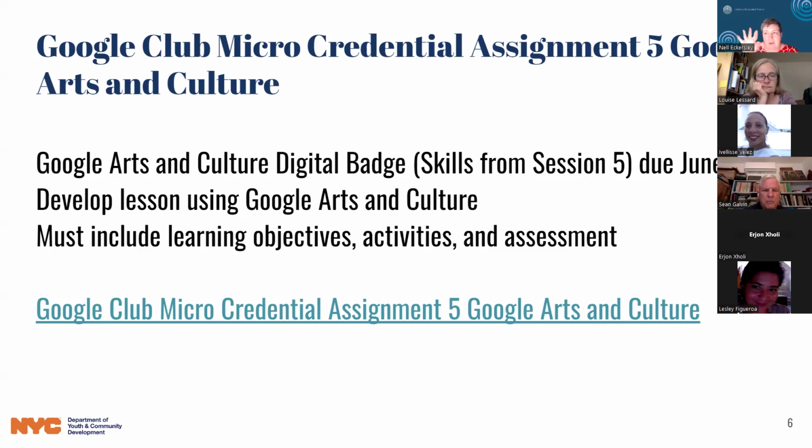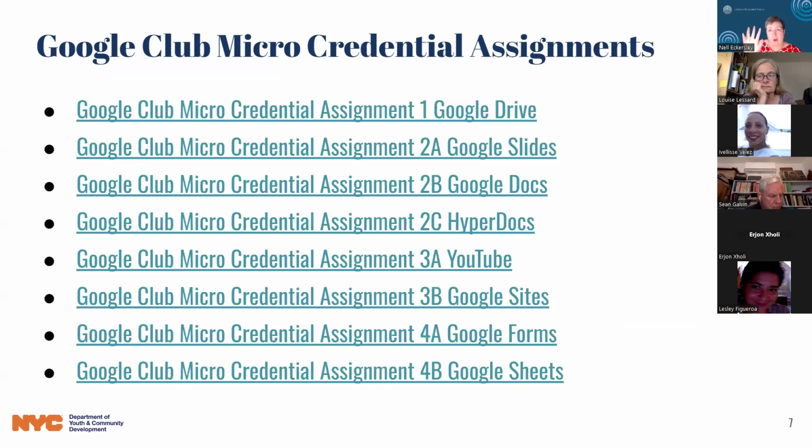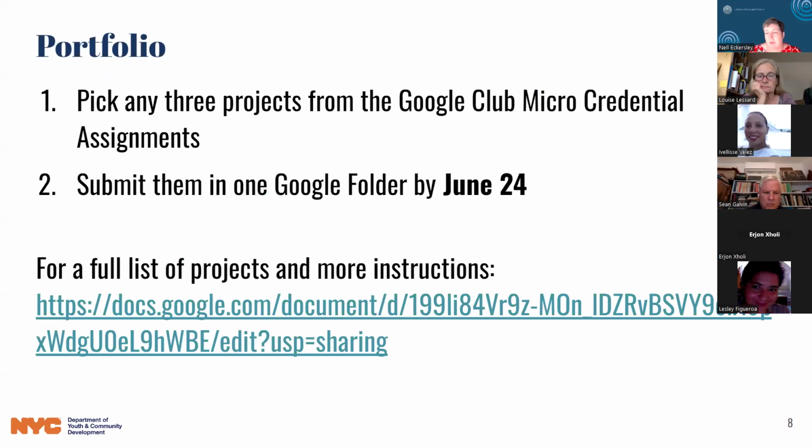If you click on that link, you'll see the description and a suggested lesson plan to fill out. This is due on the 24th, so that's not very long from now. These are all the credentials we've had throughout the cycle, and you still have the opportunity to pick any three of these and submit them by the 24th for part of a portfolio assignment.